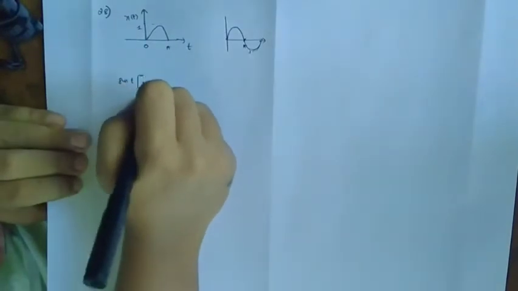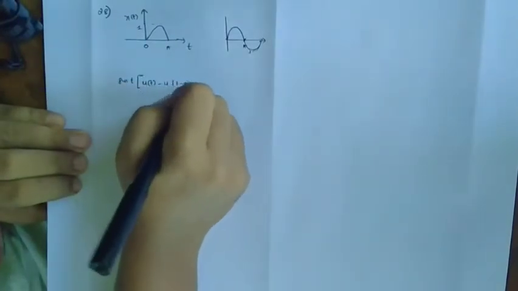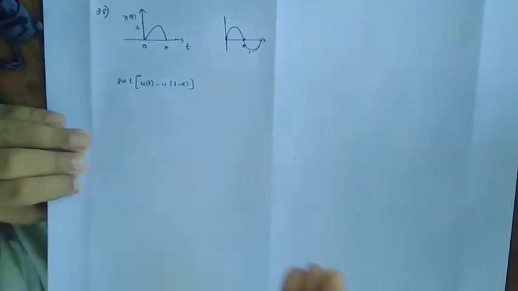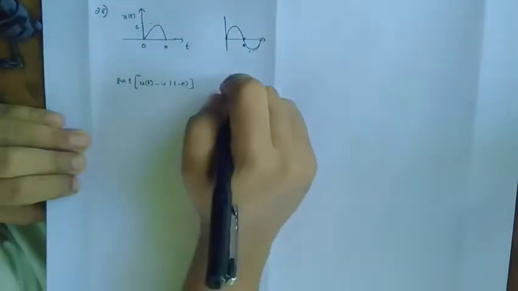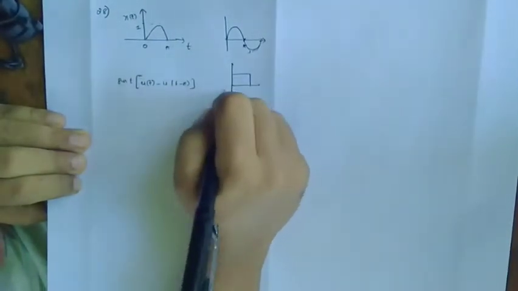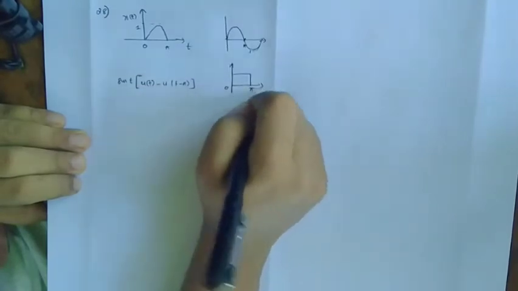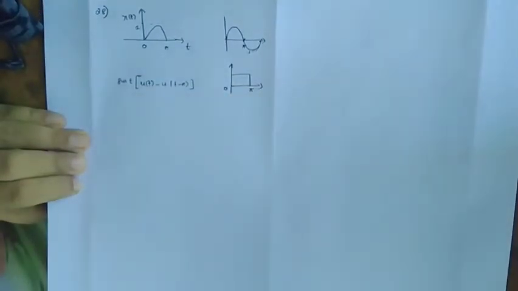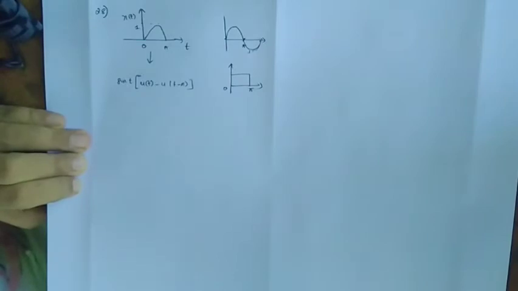That is u(t) minus u(t minus pi). What if sin t is multiplied by u(t) minus u(t minus pi)? It will only be there within 0 to pi. So this function can be written as sin t into u(t) minus u(t minus pi), right.